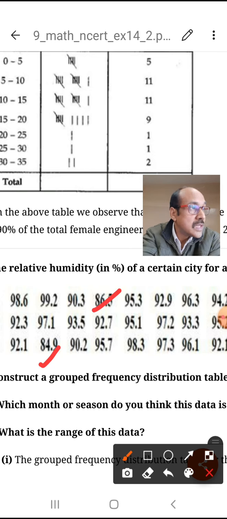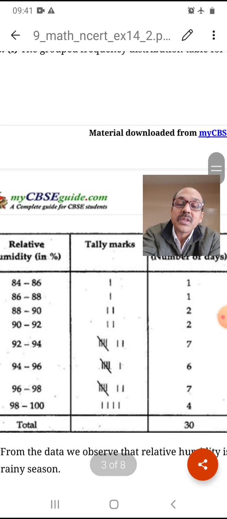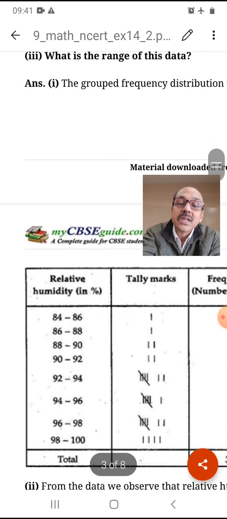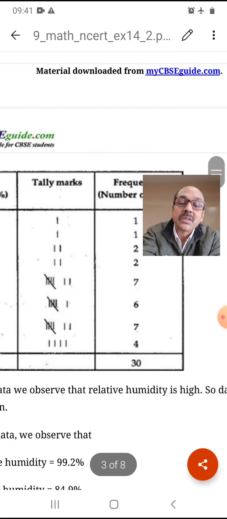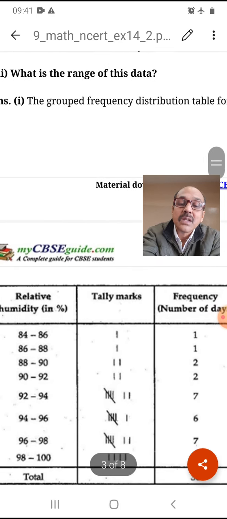That means for the first interval frequency is 1, and for the second interval also frequency is 1. So like this way you have to see and count how many numbers are present between that interval, and you check the total frequency. Here it is given 30, so check whether 30 is coming or not. So total is 30, that means it is okay.